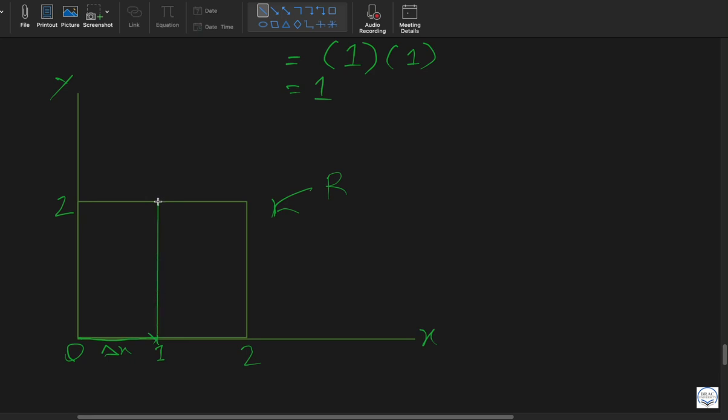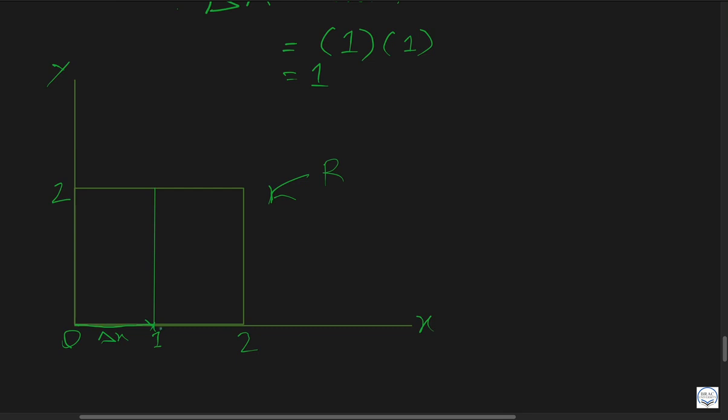Delta x is just 1, that means we start from 0 and then we increase by 1. This should be at 1. Now we need to draw a vertical line at x equals 1 so that we can make the grid. Now again from x equals 1 we move by 1 unit, delta x, which is just 1. That means we end up at 2 now. At 2 our interval ends, so we don't have to do anything.